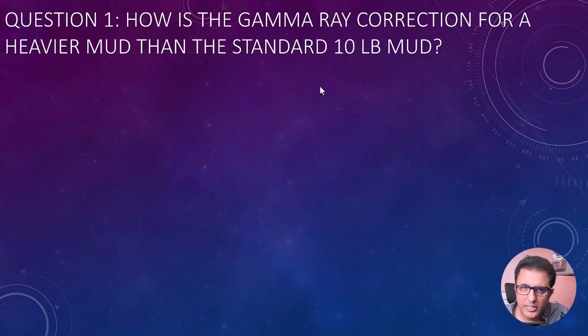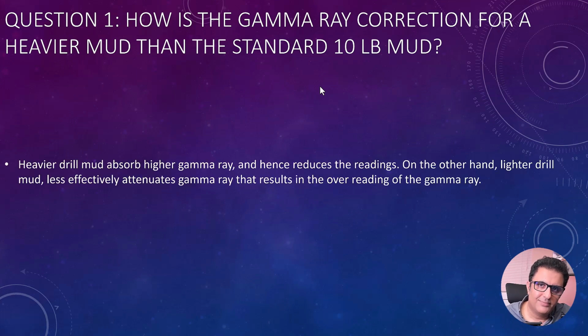So guys, something that you should notice here is that whenever the field conditions are different from those standard conditions, we have to apply some corrections. So just let me ask you this question. How is the gamma ray correction for a heavier mud than the standard 10-pound drill mud? What do you think about that? Yes.